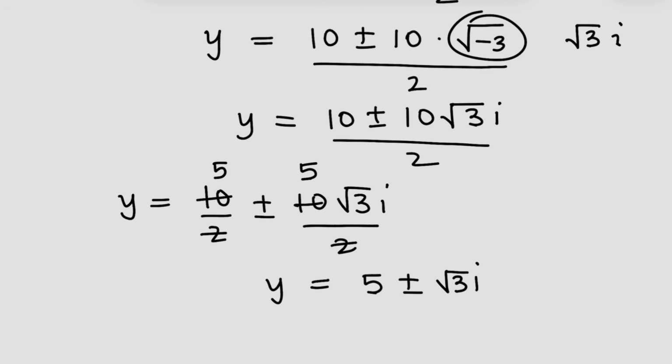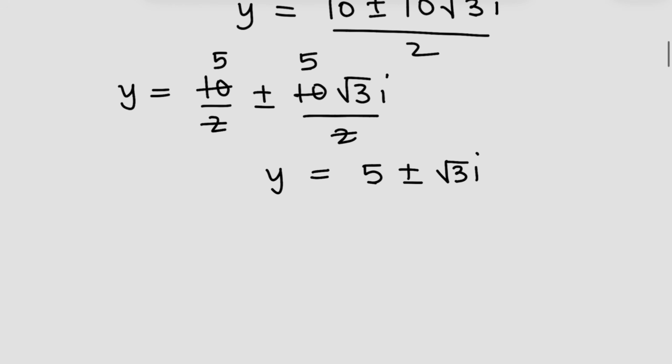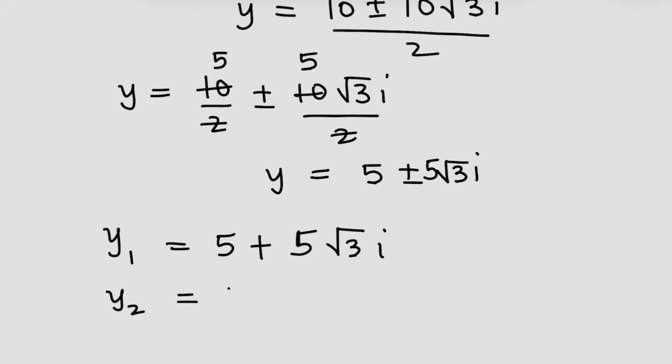This is our answer for y. So the first value, y1, is equal to 5 plus 5 root 3i. And then the second value, y2, is equal to 5 minus 5 root 3i.